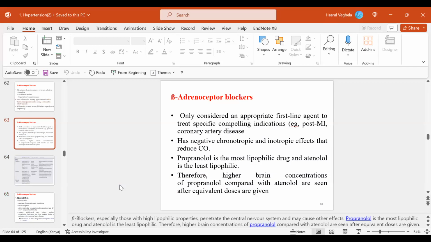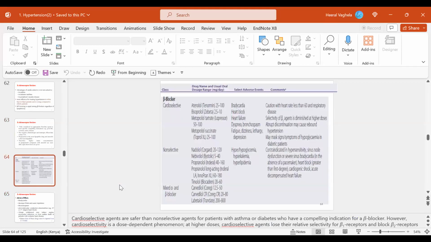If you want to go for a cardioselective, then it's atenolol, bisoprolol, metoprolol. The non-selective is propranolol.